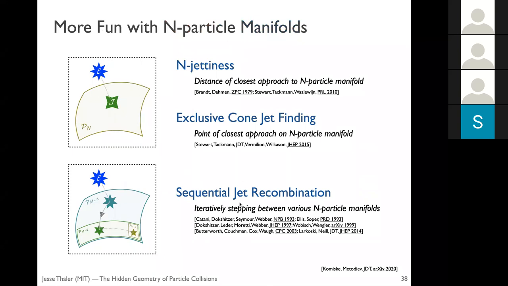Sequential jet recombination algorithms, like the kT clustering algorithm, correspond to sequentially taking an event and stepping down to the N-1, N-2, N-3 particle manifolds, and each of those iterations corresponds to steps in a sequential jet recombination.